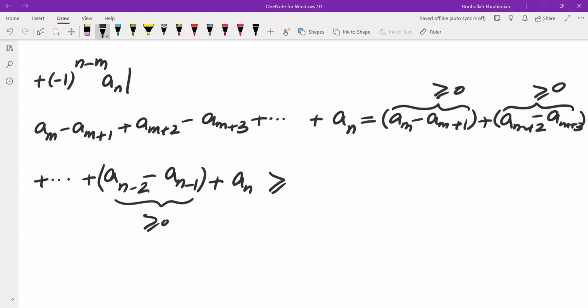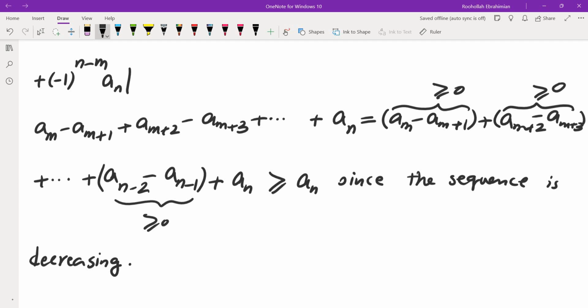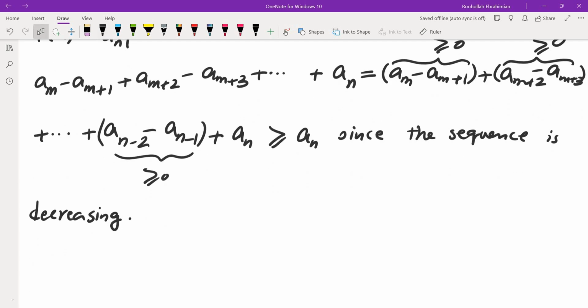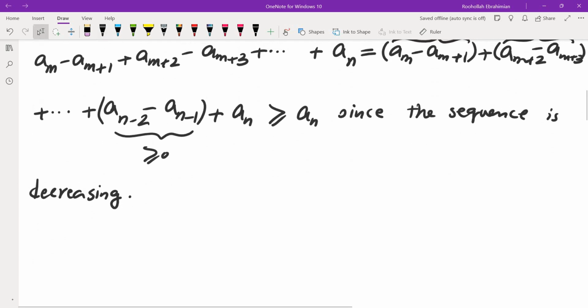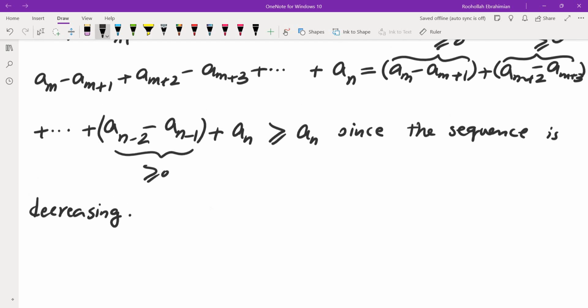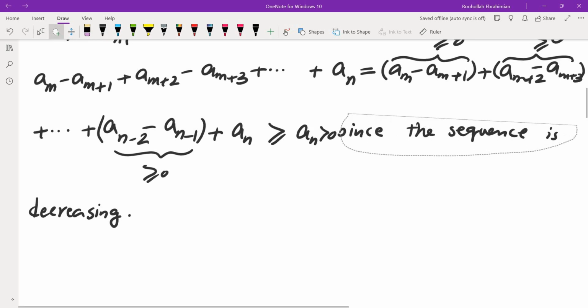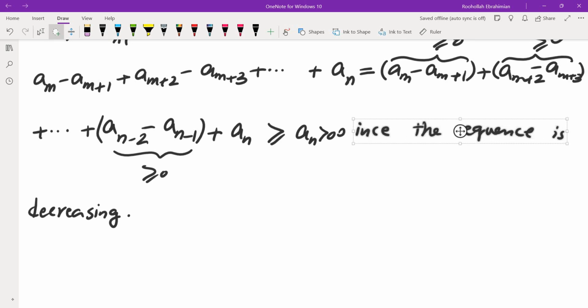Why? Because the sequence is decreasing. So that's greater than or equal to a_n, since the sequence is decreasing. And if you consider that in a different way, this is actually a_n, which is positive. So if you look at these pairings in a different way, then this is what you're going to get.